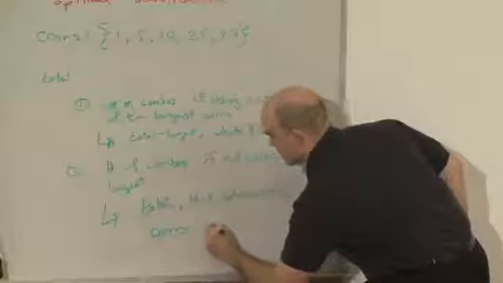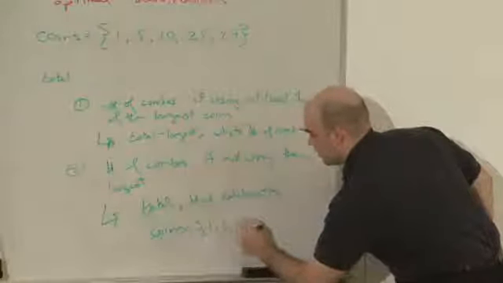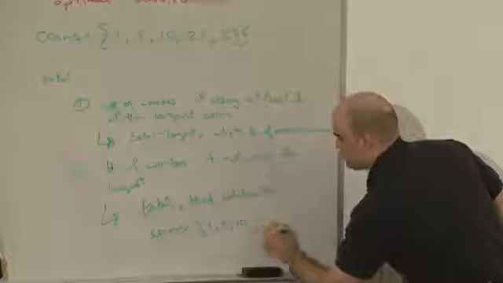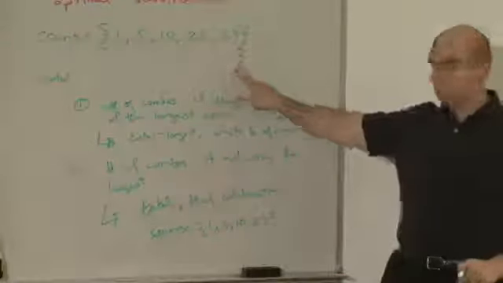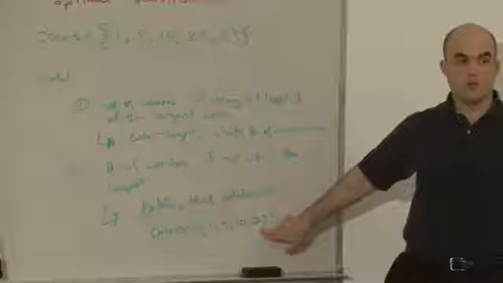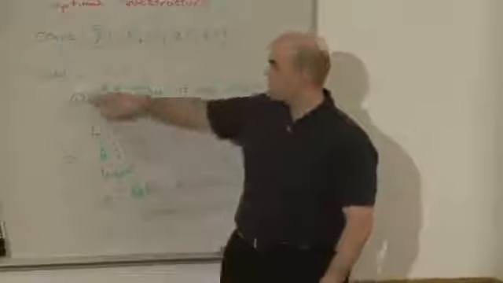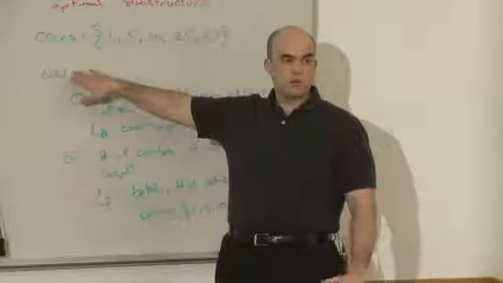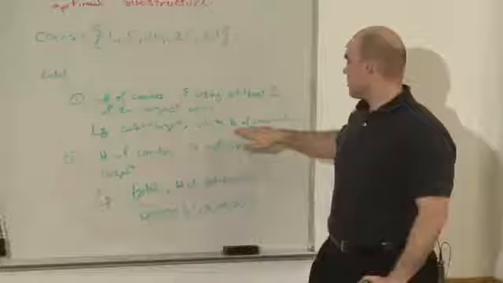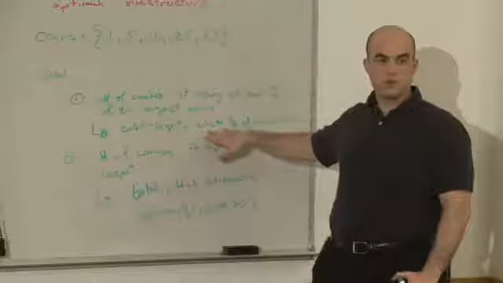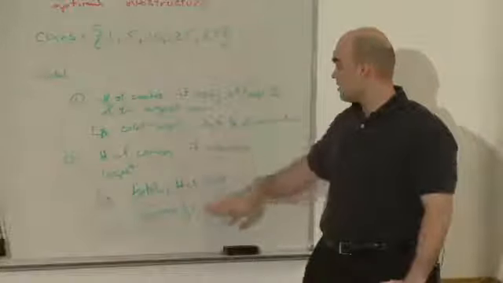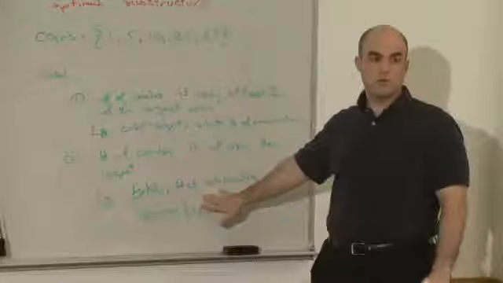So the coins is now, instead of having 27 as the largest coin, it has 25 as the largest coin. Does that make sense to people? Okay. And so the solution to this big problem is the sum of the solutions to this problem and this problem. Make sense?